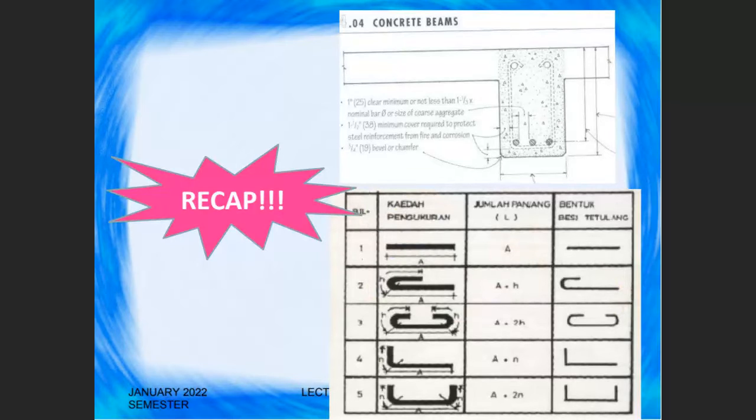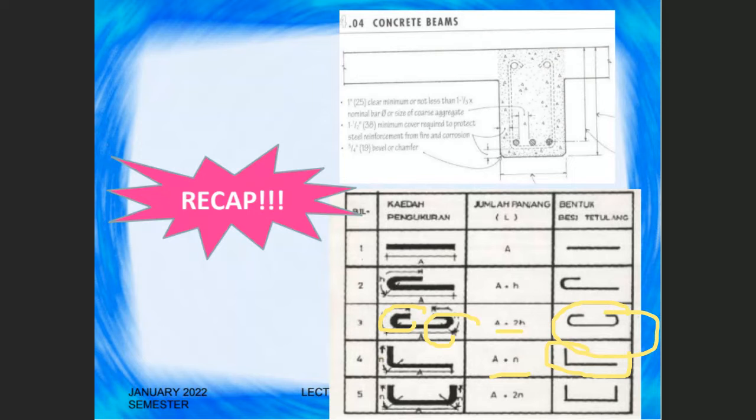Okay, either you are given this formula or you are not given this formula. Sometimes they give you H as 2B, 2C, or 2 diameters or 3 diameters, depending. Okay, for the other one, if you have this shape, it means you have to add 2H here. So A plus 2H. And if you have the number 4 design, this is what you normally see in the U-shaped bar in your pad footing, for example, or in your pad cap.